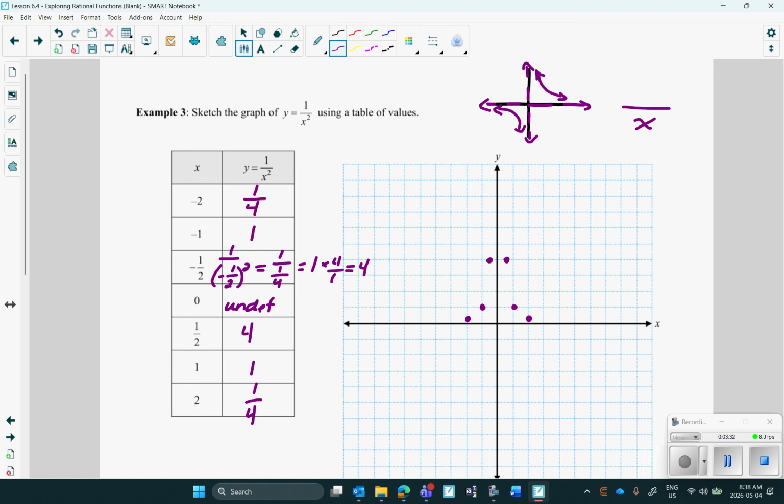So if there's no value here for the graph, remember we put a vertical asymptote. So what's going to happen is as we move closer to the y-axis from the left and the right, the y values climb.